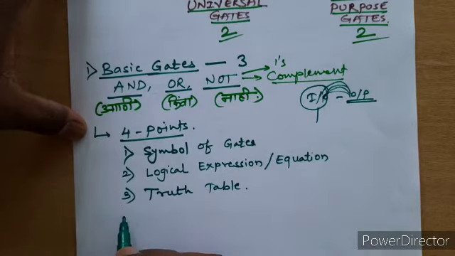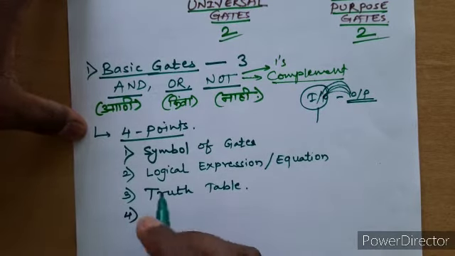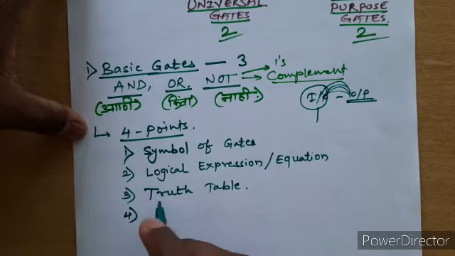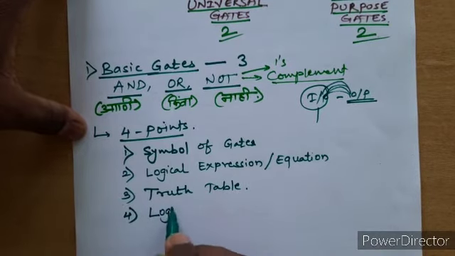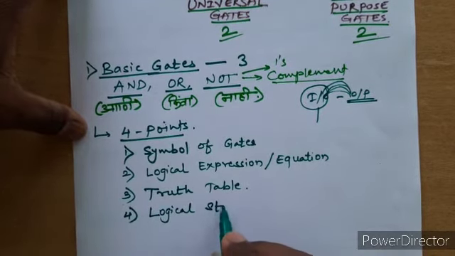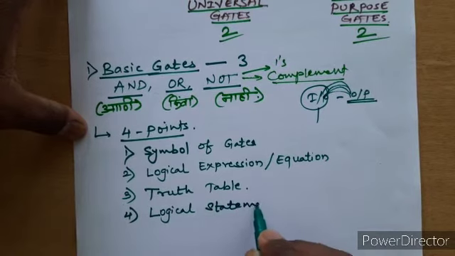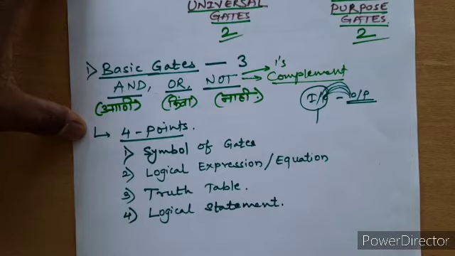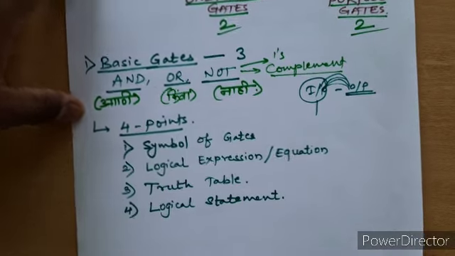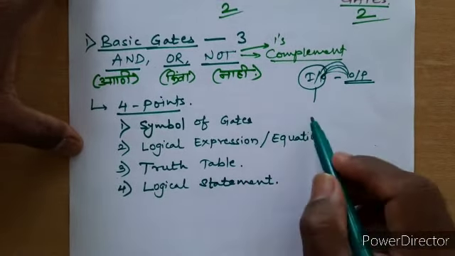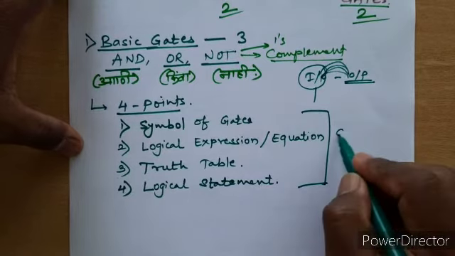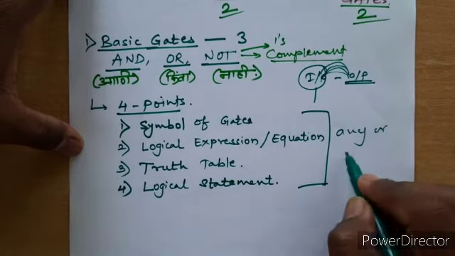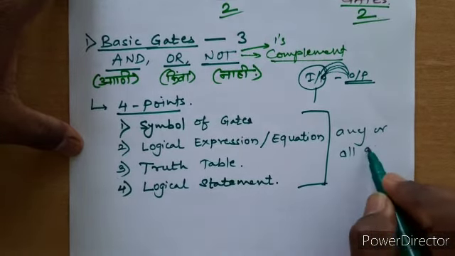And the last, very important, is the logical statement. So these 4 points are very important for any or all of the gates.